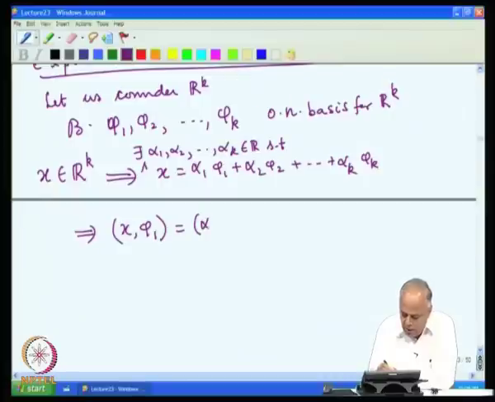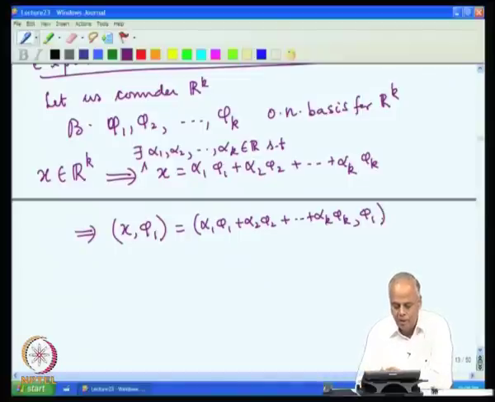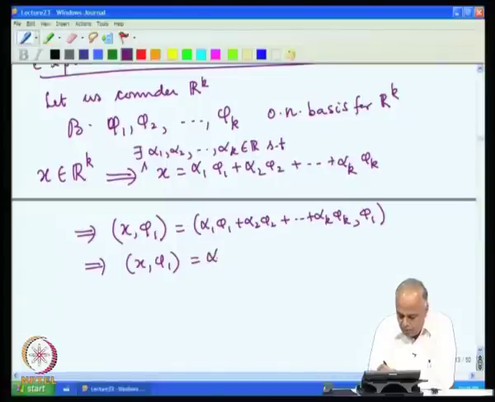That is the same as alpha 1 phi 1 plus alpha 2 phi 2 plus alpha k phi k, comma phi 1, because x is that sum. Again, as before, phi 1 with phi 1 will give 1, phi 2 with phi 1 will give 0, phi 3 with phi 1 will give 0, phi k with phi 1 will give 0, because phi 1, phi 2, phi k is an orthonormal set. So, that says the inner product of x and phi 1 is equal to alpha 1.